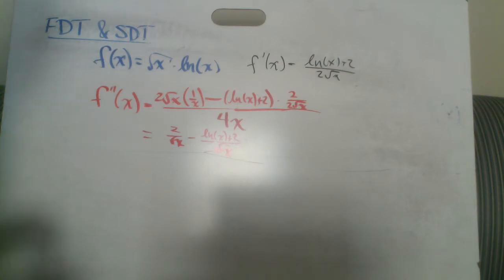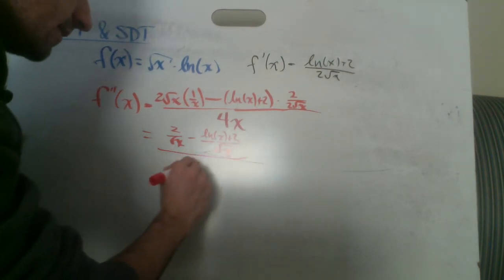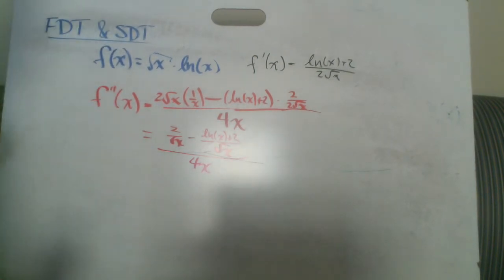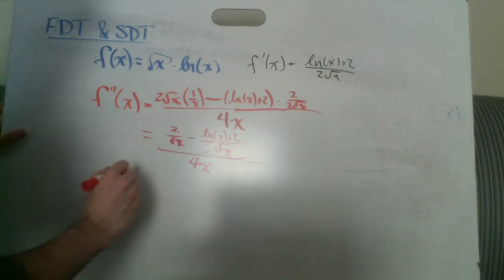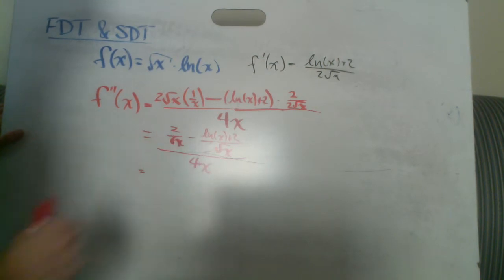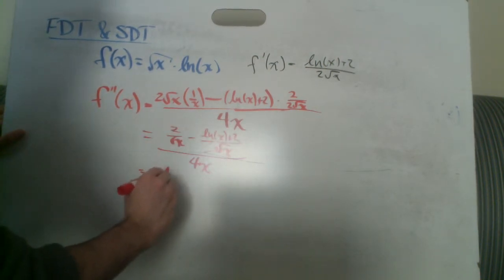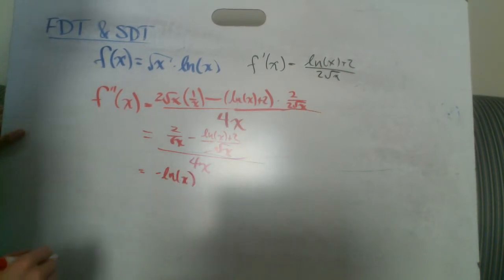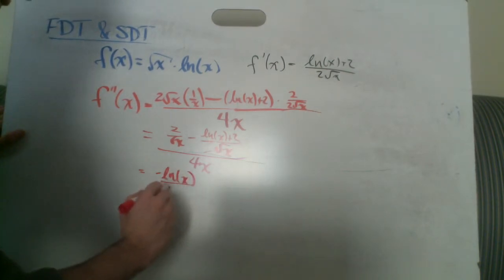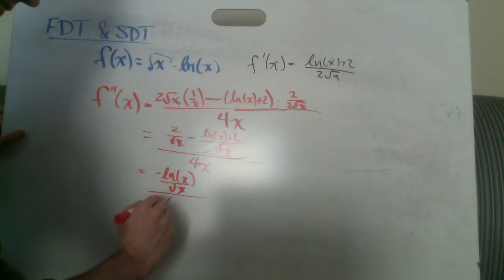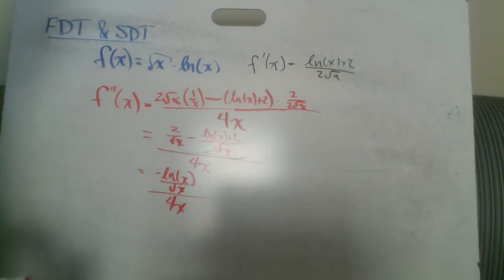And then I'll have to figure out, my denominator is just 4x. Right? Great. So, next step, I have to combine some like terms here. 2 minus ln x minus 2 just gives me negative ln x over root x. And that's all over 4x. Yikes.